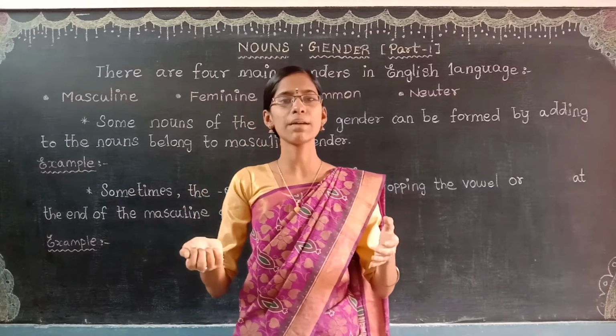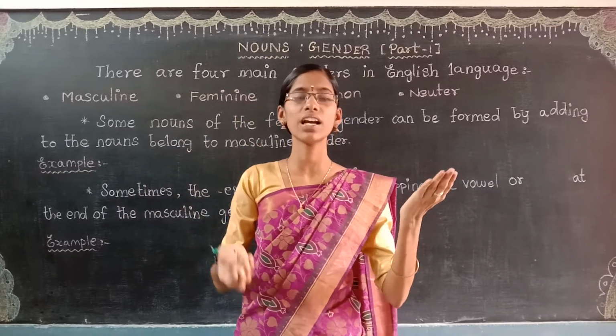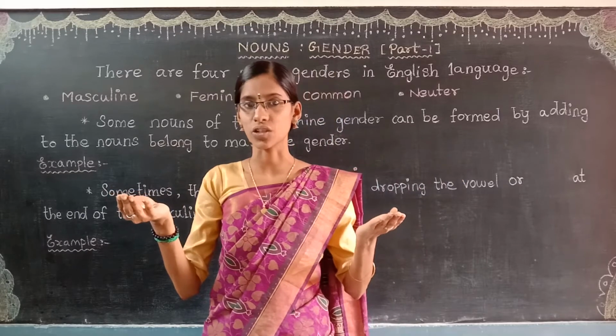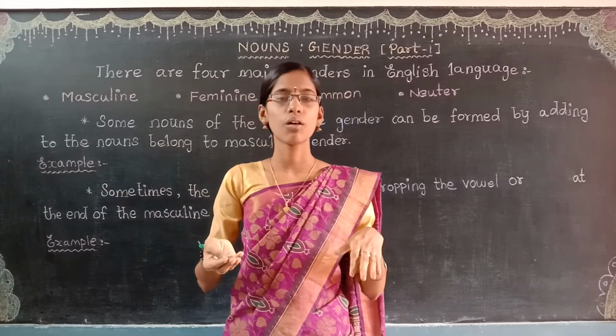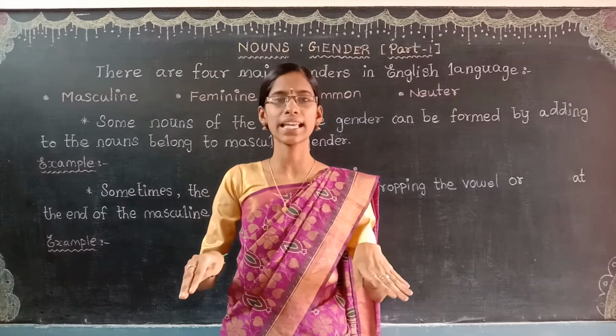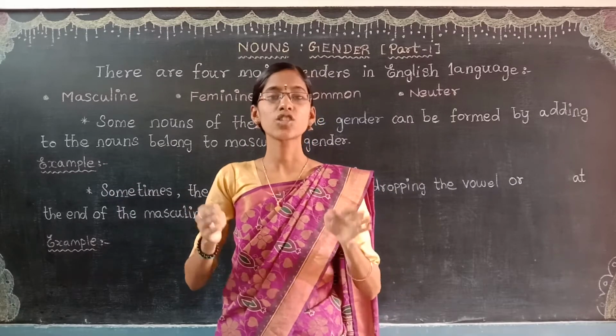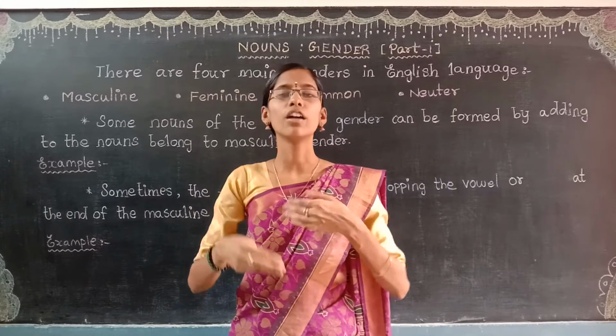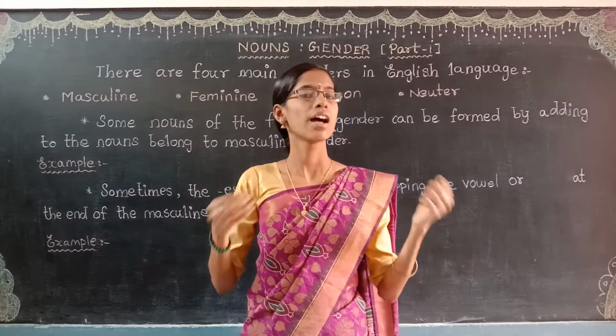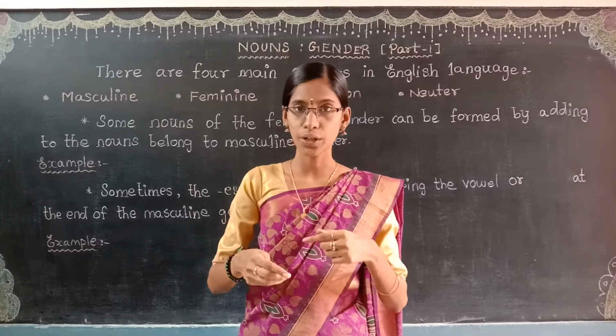For example, husband in masculine gender, wife in feminine gender. And king, queen, like that. But in some cases, you can just change the masculine gender into feminine gender by adding or removing certain letters. How? Now, we are going to see that.